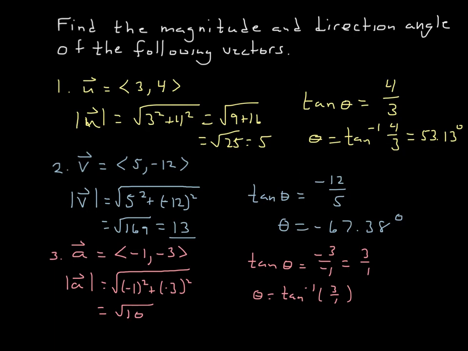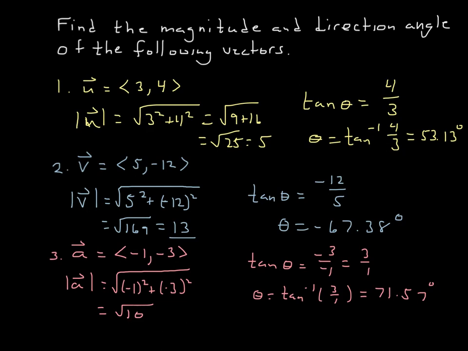So when I do the inverse tangent in my calculator of negative 3 over negative 1, which becomes 3 over 1, that is equal to about 71.57 degrees. Well, now in order to find the angle in quadrant 3, I will need to add 180 to that.